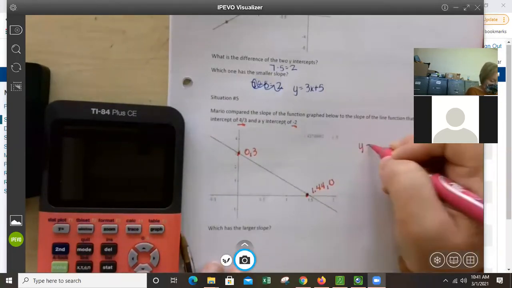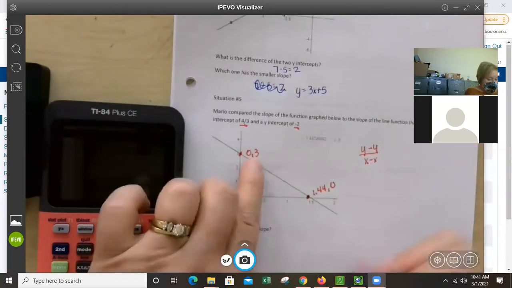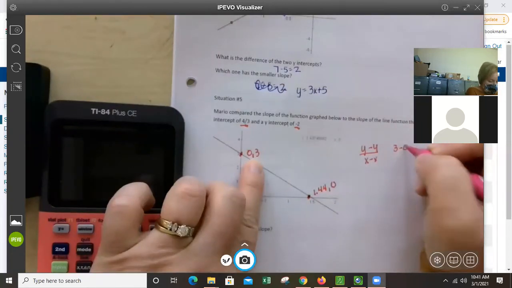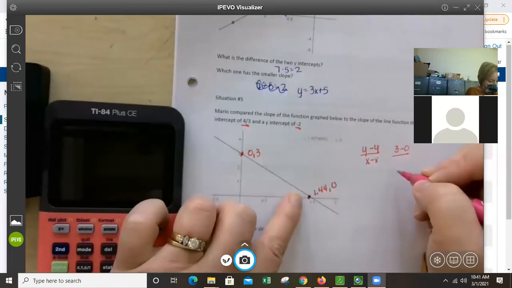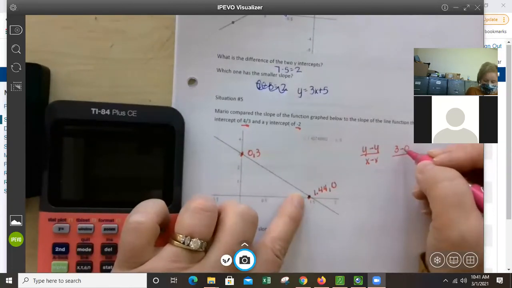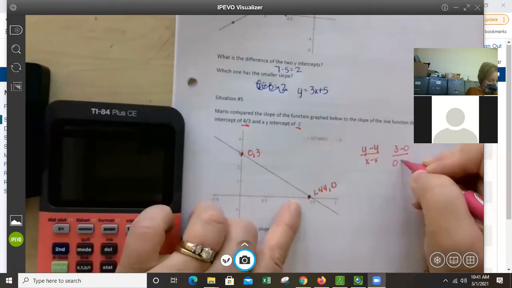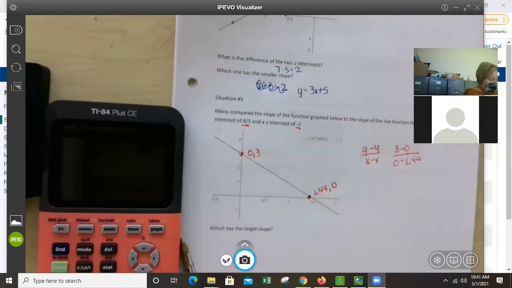We do y minus y over x minus x, okay? So let's subtract our y's. Let's do 3 minus 0 over 0 minus 1.44. You can go to alpha y equals and put that in there if you want to.